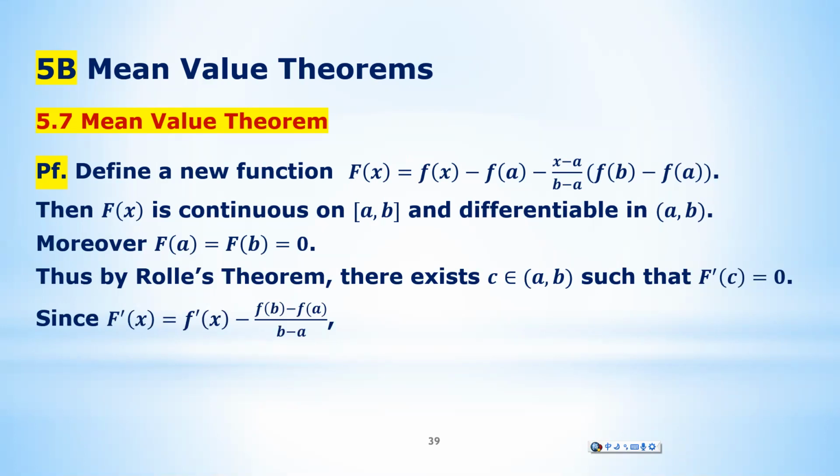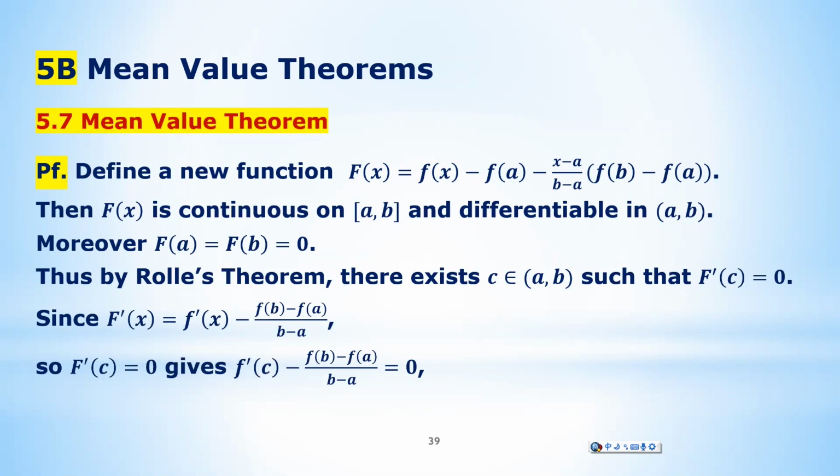Now for the second part, when you take the derivative, what do you get? On the top part you get 1. The bottom part remains the same, it's a constant, b minus a. So after taking the derivative, the second part becomes (f(b) minus f(a)) divided by (b minus a). It's just a ratio, a constant.